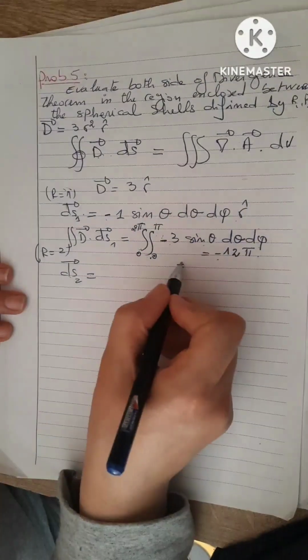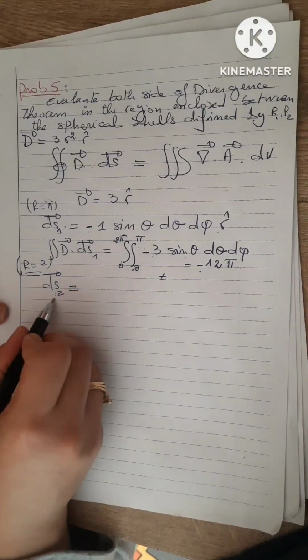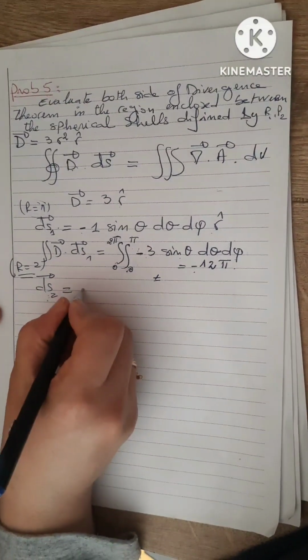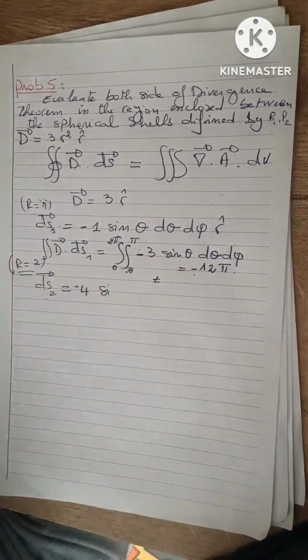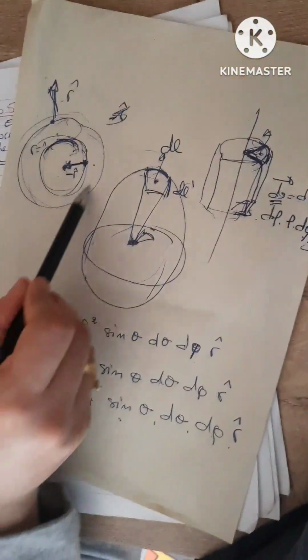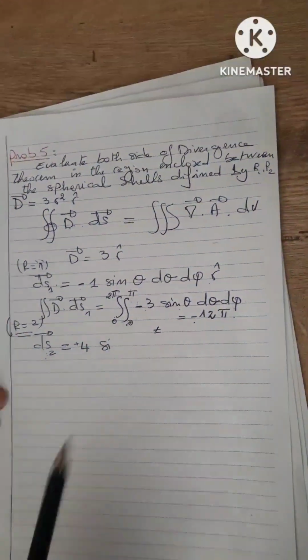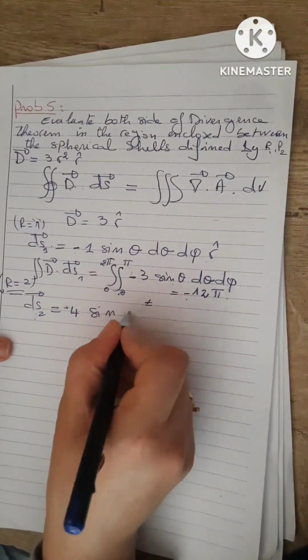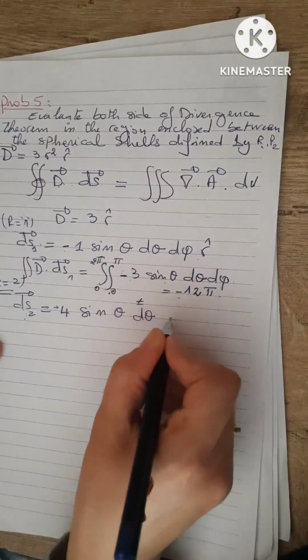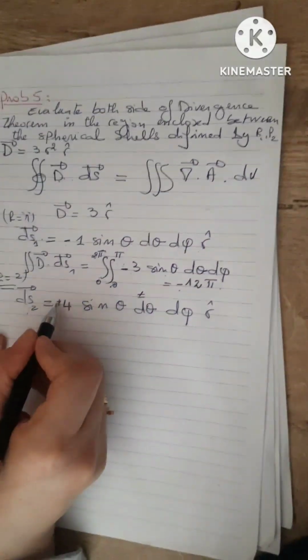Okay, now for dS2, when r equals 2, dS2 is 4 sine theta d theta d phi in the direction of r, the positive direction.